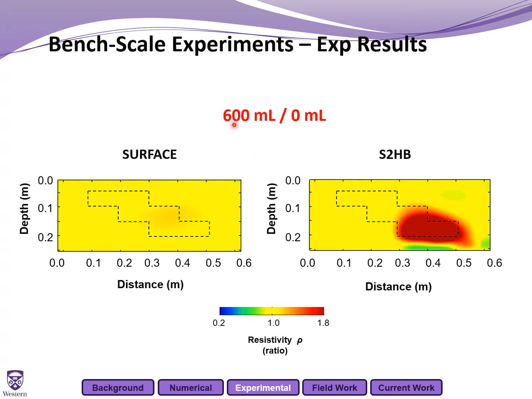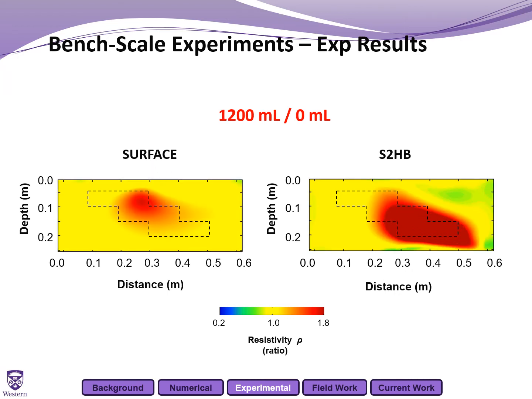And as we increase up to 600 milliliters of NAPL, again, because it's so deep, surface to horizontal borehole ERT is performing very well, whereas surface ERT is struggling. And it's only when the NAPL gets closer to the surface that surface ERT is able to resolve that shallower NAPL region. So again, clearly highlights the benefit of using surface to horizontal borehole ERT.